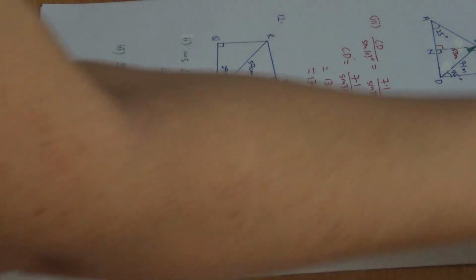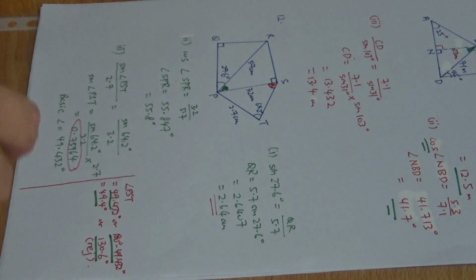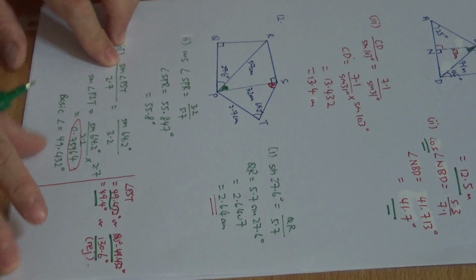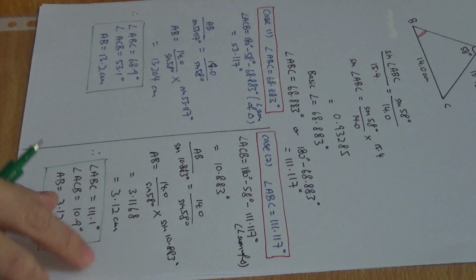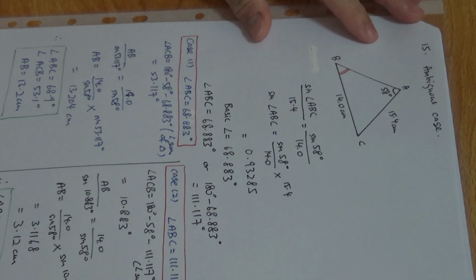Now I'm moving on to the last question, and that is question number 15. Question number 15 is the one that is the ambiguous case. Now I'm going to present it in a concise manner, not in a nice manner.